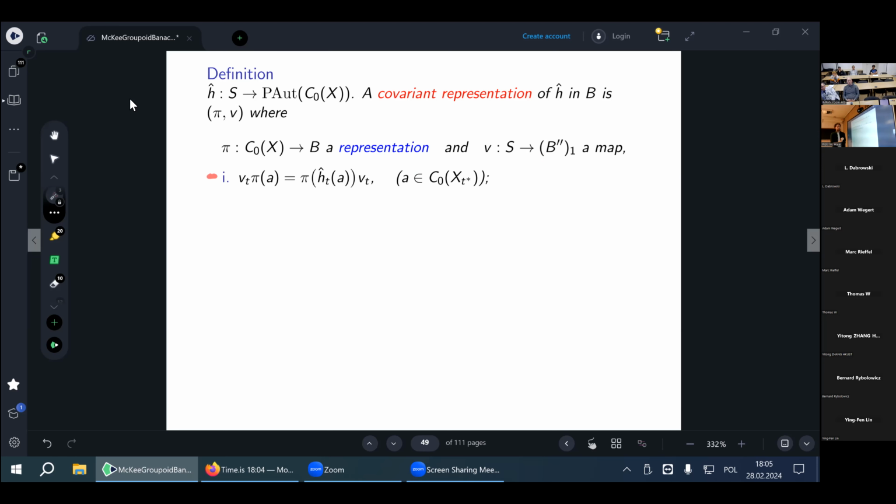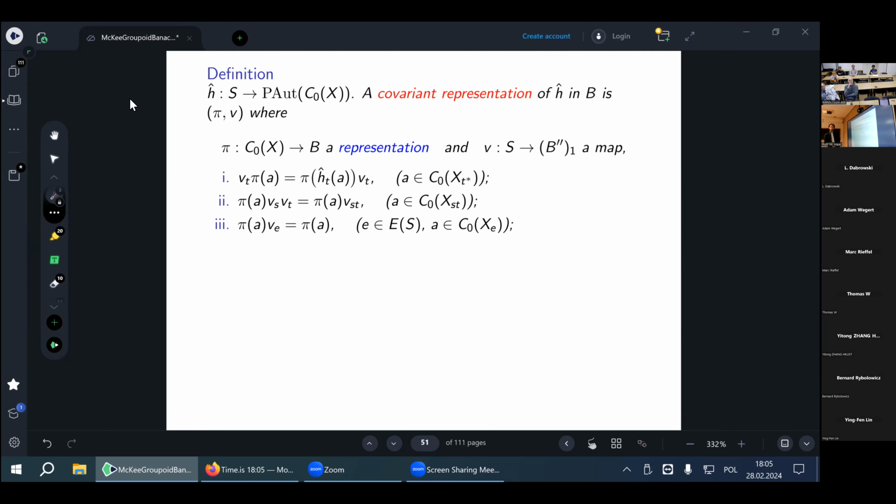Here we have a covariance condition. V should be a homomorphism of inverse semigroups. This isn't quite the condition for VS VT, it should be VST. But we can only do this whenever we multiply by something living on the right domain.